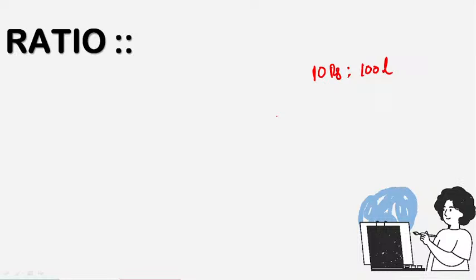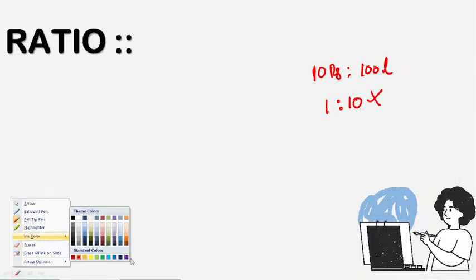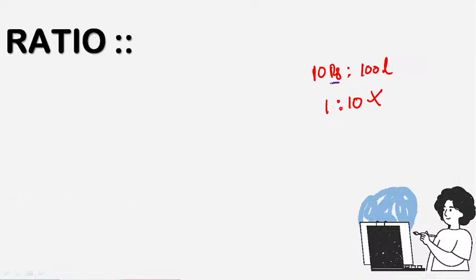Somebody is saying the answer is 1 is to 10. Very good, but it is a wrong answer, guys. Why? Because here 10 rupees is given, and here 100 liters is given.